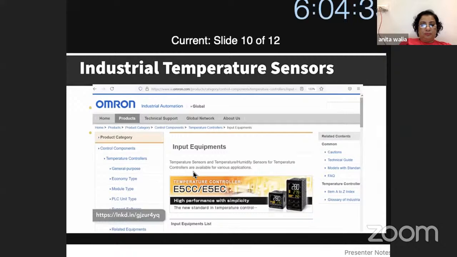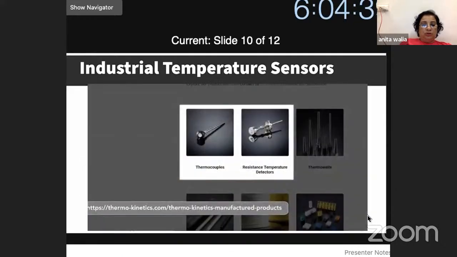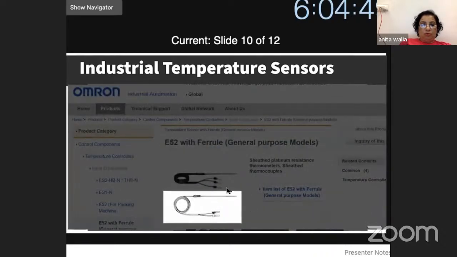The thermocouples are usually a little bit thinner, and they may have two wires, but they are different devices working on different operational principles. So this is the thermocouple, which you can see. It is wire-like, with two wires.